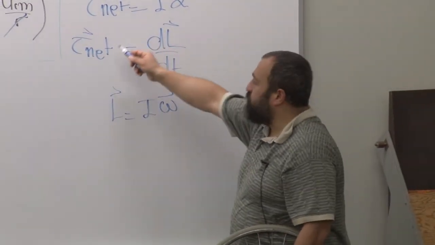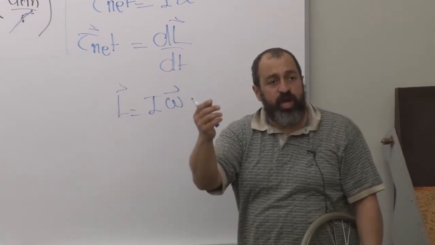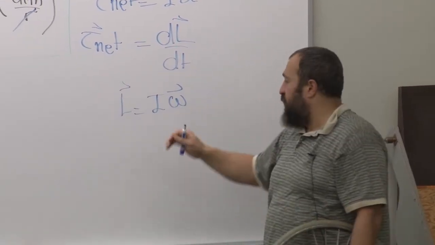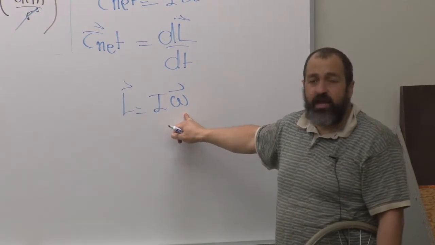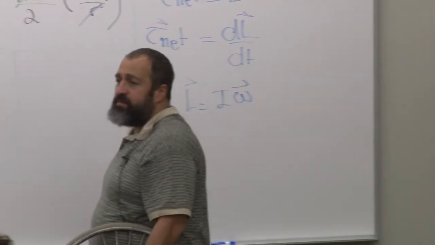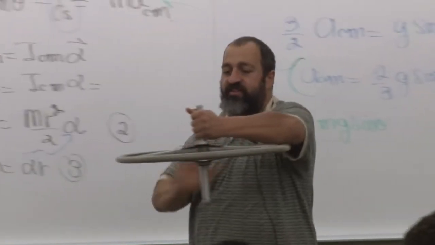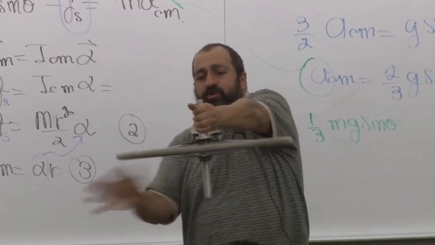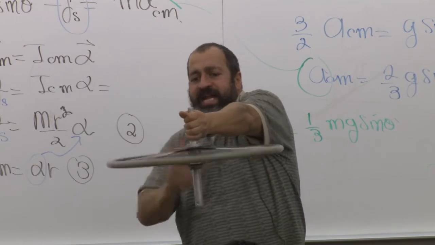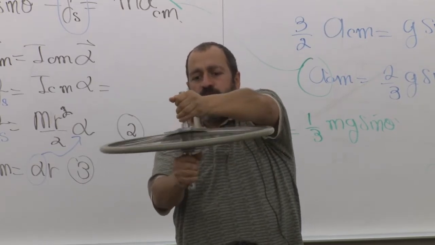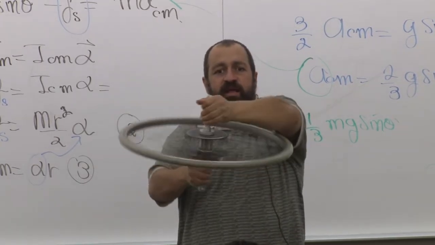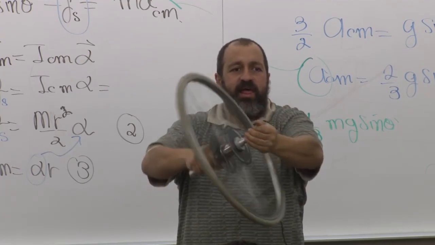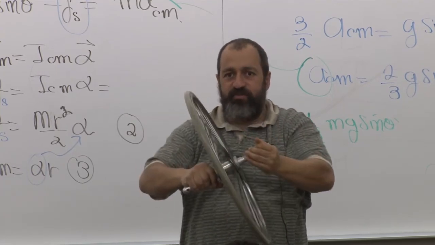I have to apply torque to change either the magnitude of the speed or the direction of the angular momentum vector. I need torque to speed it up or slow it down. That's what I'm doing. But I also need torque to spin it this way. Do you believe that? Yeah, it takes force to do that.